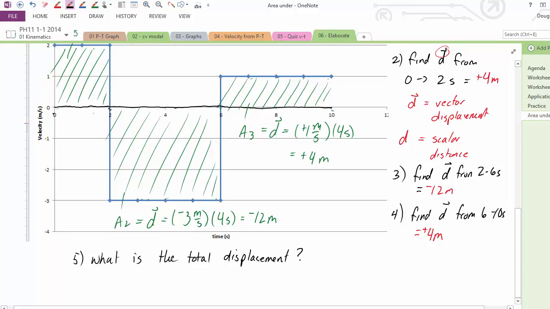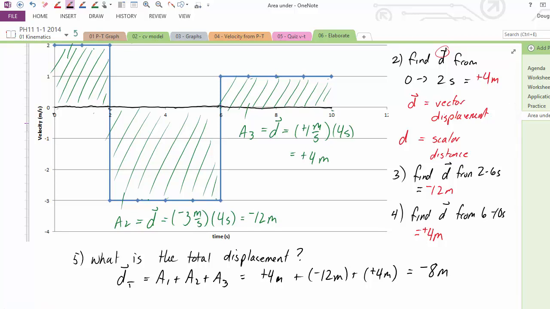So total displacement is area 1 plus area 2 plus area 3, which is positive 4 meters plus -12 meters plus positive 4 meters. That's equal to -8 meters. Done. That's the total displacement.